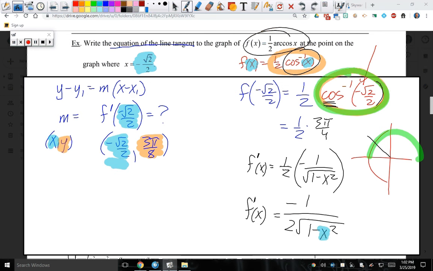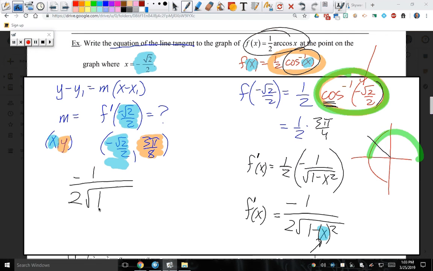So you're going to plug in this negative root 2 over 2 right here. And there's a lot of algebra that's going to happen right now that I need you to follow closely, because I don't want to re-explain it, okay? This negative root 2 over 2 is about to be plugged in right here where x is at. This is a problem that you would not have a calculator with. Now I'm teaching it to you, but this you could do in 2 minutes, okay? If I plug in negative root 2 over 2 over here, and I square it, what do you have? You have 2 over what? 2 over 4, which is 1/2.